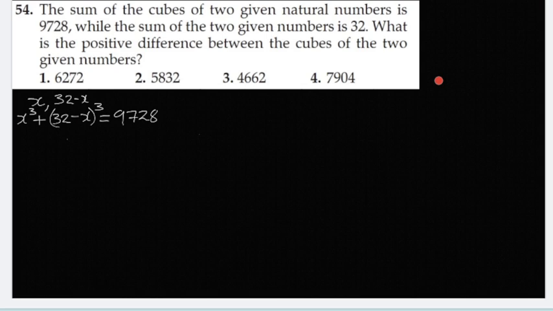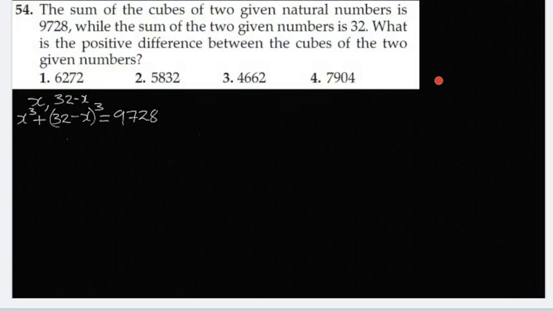First, for that you need to know the algebraic identity, that is x plus y the whole cube. So here in this case, x minus y the whole cube you should know. So this will be x cube minus 3x square y plus 3xy square minus y cube.